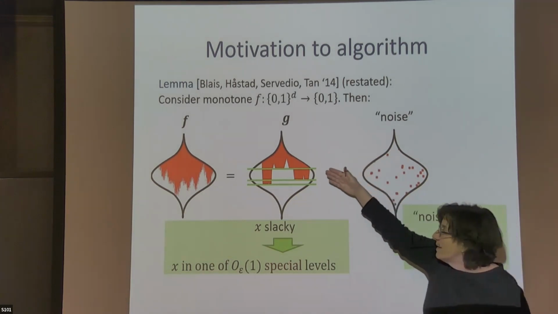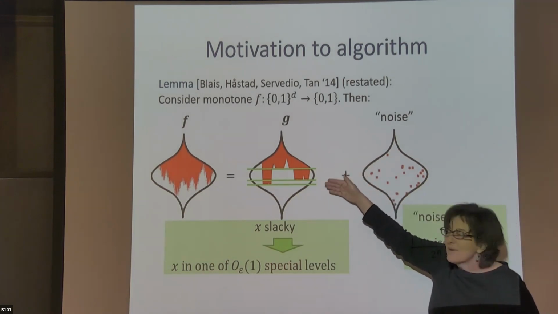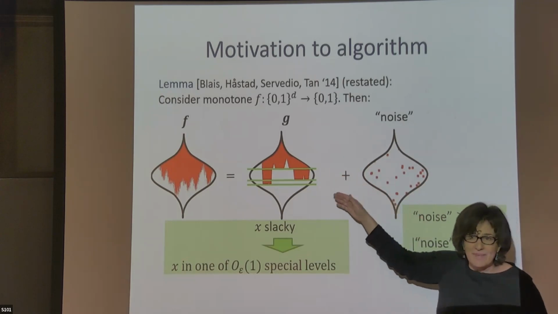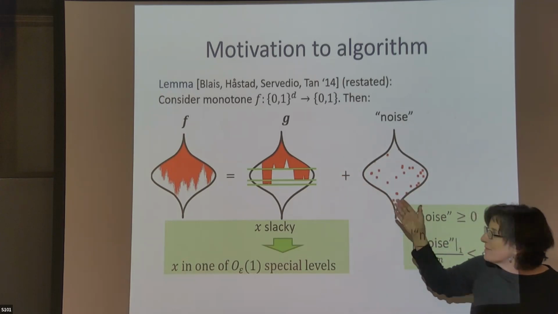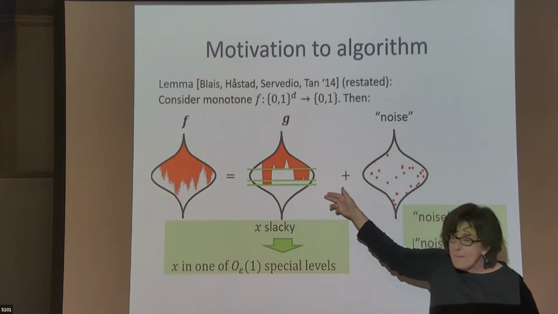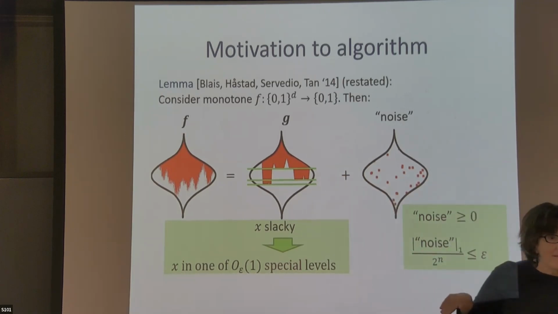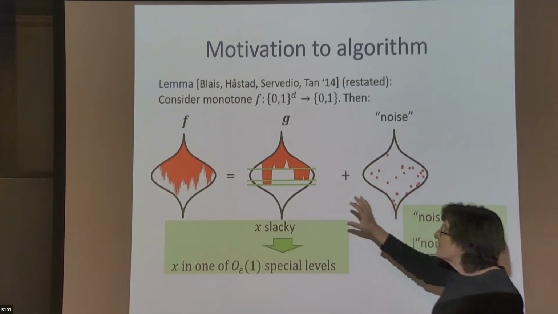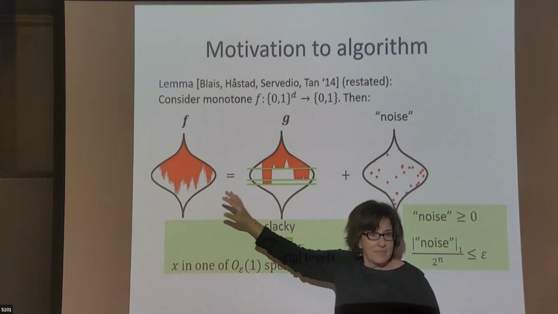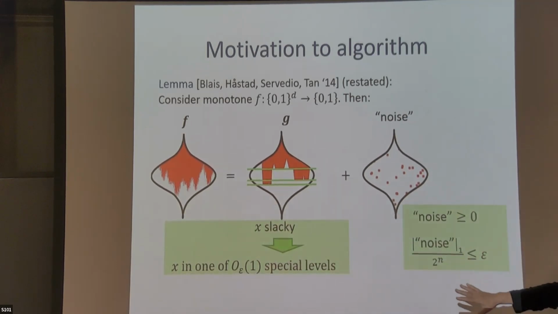There's some constant number, depending only on epsilon, of these green levels, and all the slackiness happens there. And this G is a good approximation. So they showed this lemma. This is a great lemma.